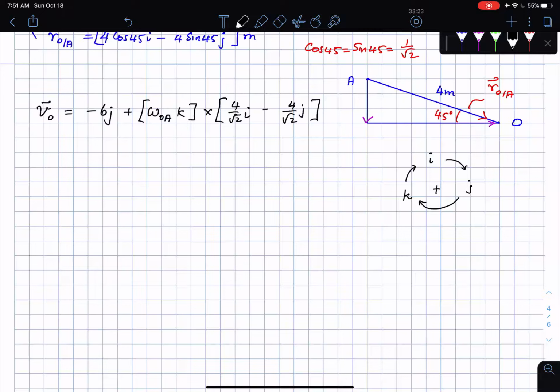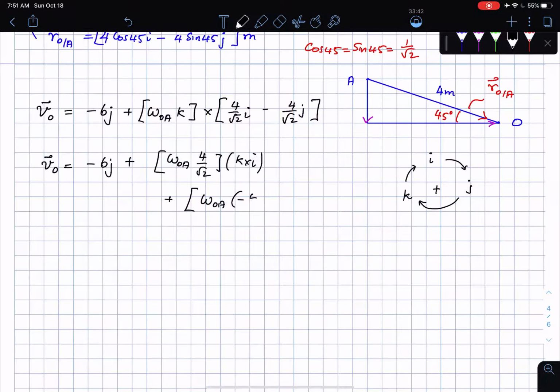All right, so I got V naught is minus 6j, and then omega OA times 4 by root 2, and I'm going to do k cross i, plus omega OA times minus 4 by root 2, and I'm going to do k cross j. I look at the triad and I say, okay, k cross i is j, and k cross j is minus i.